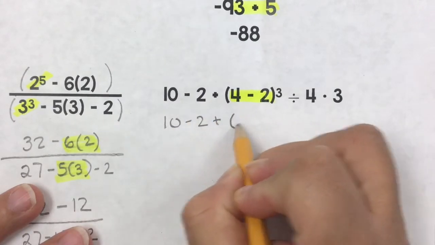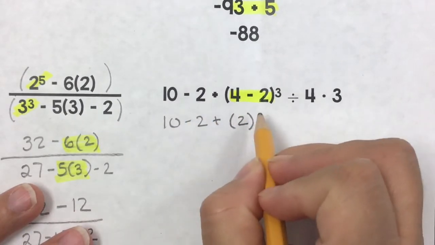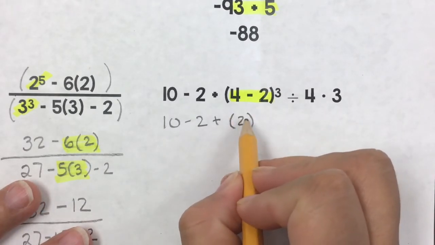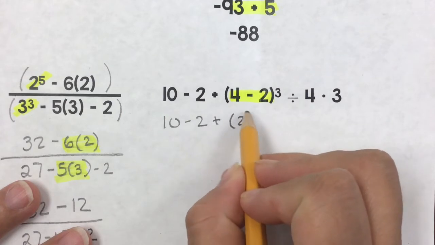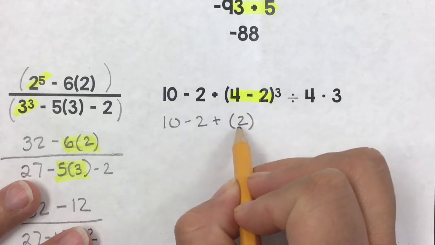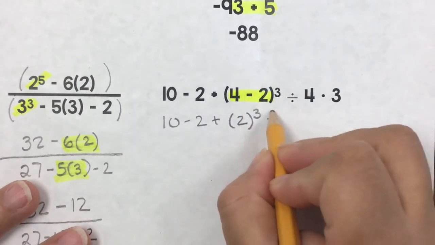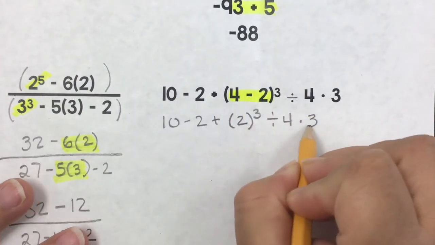That's a plus sign. 2 can stay with parentheses or without parentheses. I recommend that we leave it in parentheses, just in case this were negative, so we would do it correctly in the calculator. Cubed divided by 4 times 3. The next thing after parentheses is exponents.